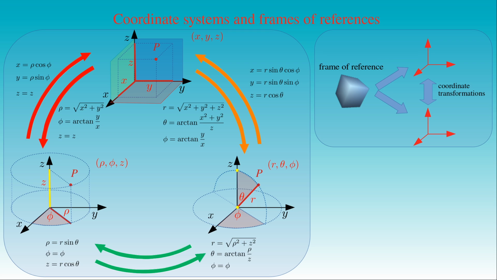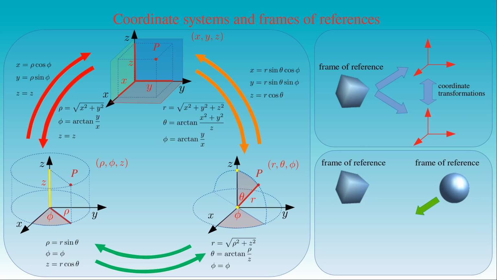But if we have more than one frame of reference, we normally attach a different coordinate system to each of them. Let us consider two frames of reference, where the second frame is moving with a constant speed in a given direction with respect to the first one. Now we can endow both of the frames with coordinate systems. In this case, we need to transform the kinematic quantities of a moving body with respect to one reference frame to those with respect to the other reference frame with space and time translations and spatial rotations, which are called Galilean transformations.